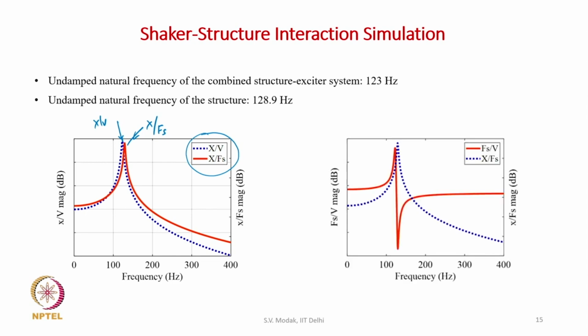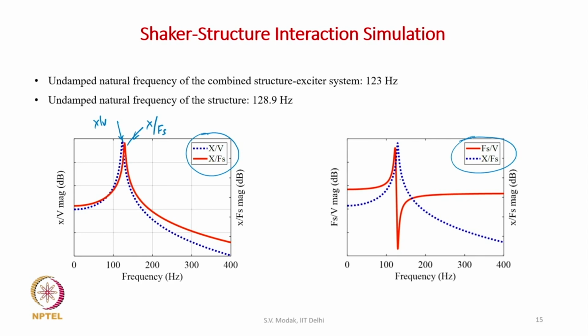In this figure on the right, we are now overlaying the graphs of Fs upon V and x upon Fs. The peak in the x upon Fs FRF gives the true natural frequency, and we see that the graph of Fs upon V drops severely when the frequency is equal to the natural frequency.